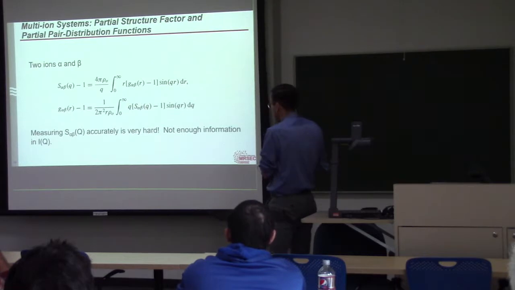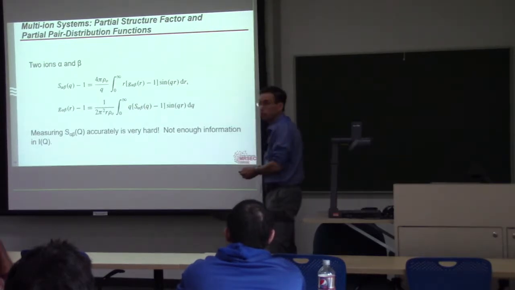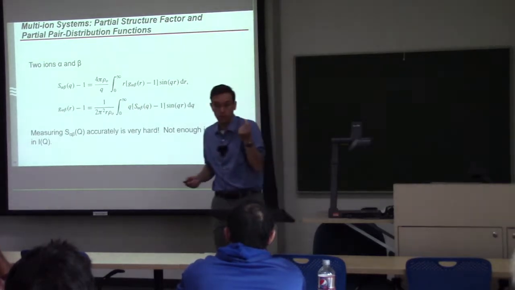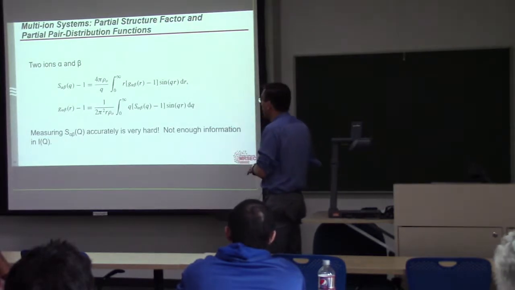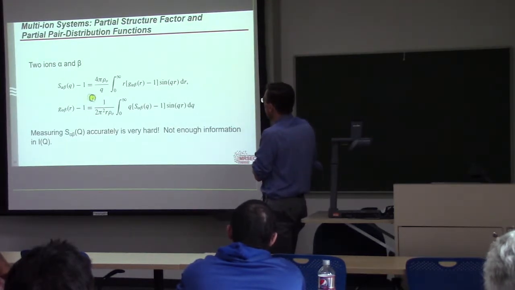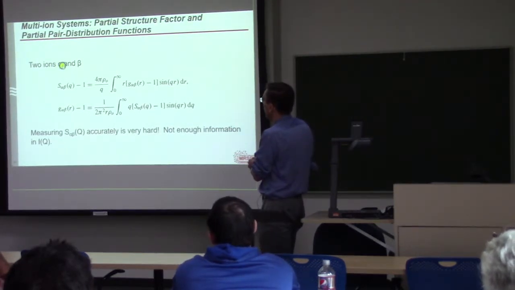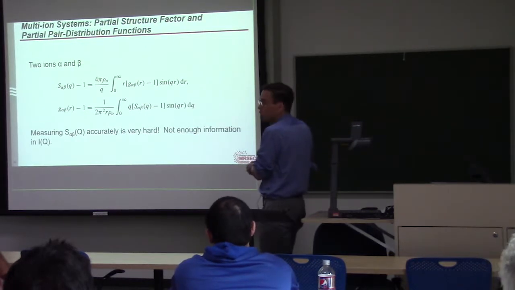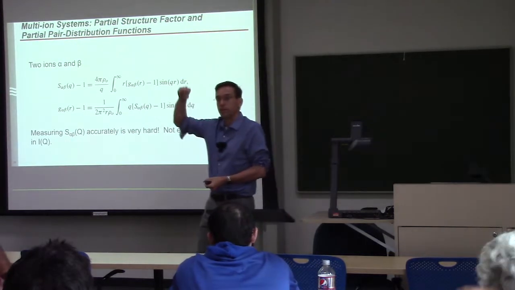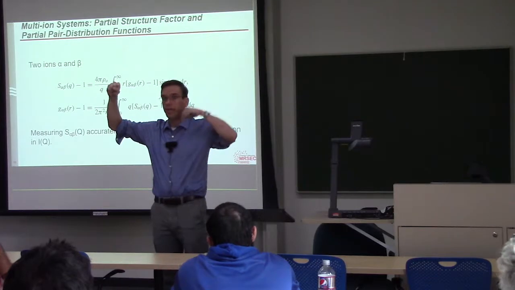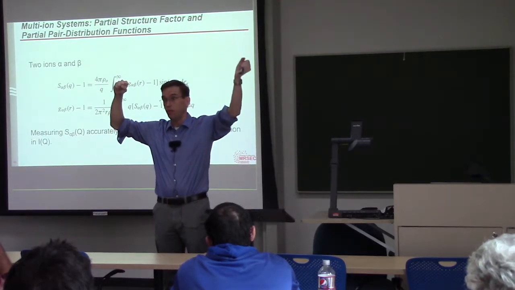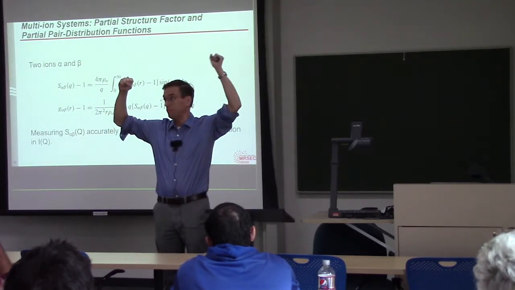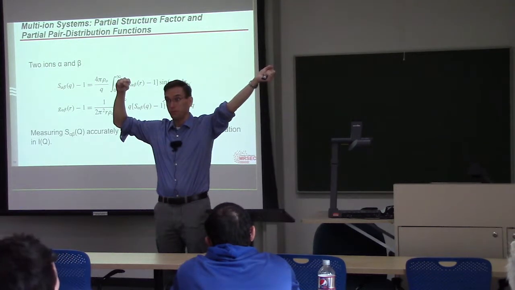The final thing I want to say is I mentioned before that we might want to know about pairs. And the pairs may not be the same atoms. In fact, if we have two ions, alpha and beta, we could ask, what are the chances that if I start on alpha, I end up on alpha, or I could end up on beta? Are you with me?